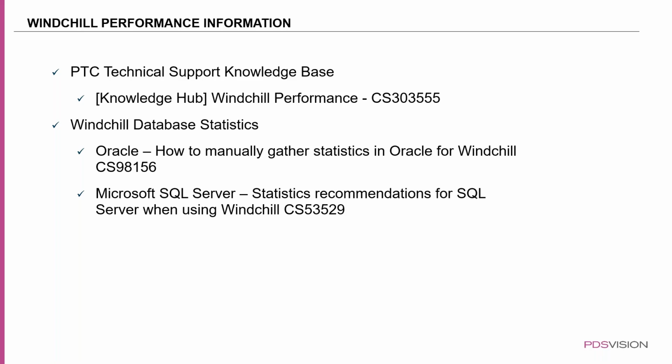And based on those metrics, I can also search for database-related information in Windchill Support Center, and be able to get information about how to improve performance in my database system. And then on here, I've got articles on where to get that, or articles on how to gather the statistics for Oracle, as well as Microsoft SQL Server.